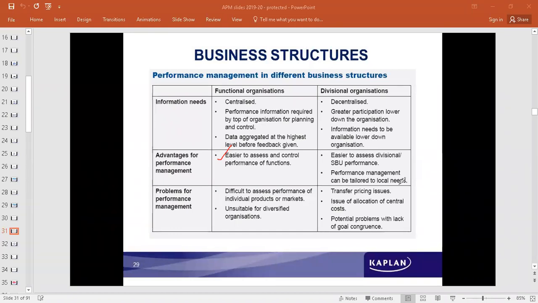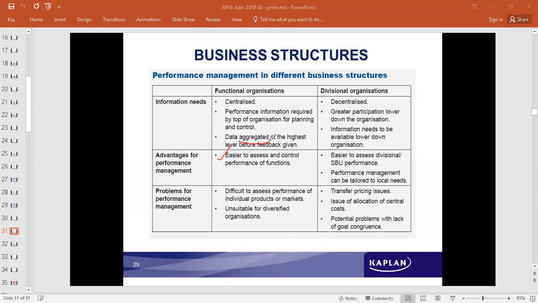Problems for performance management: demotivation is one thing, in a generic sense. Then the other problems are that only summary, aggregate-level things happen. They can only know the overall performance, but intricate information is not possible to get. It is difficult to assess performance of individual products or markets.